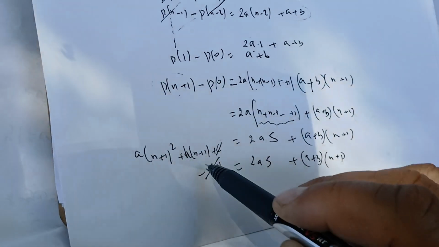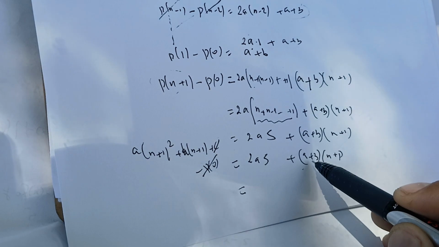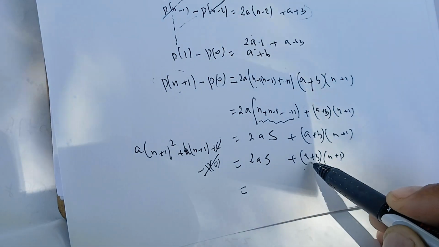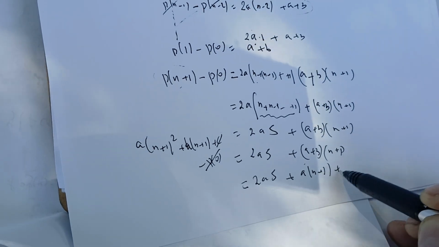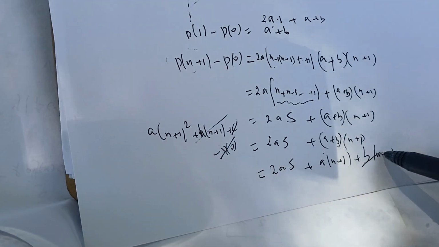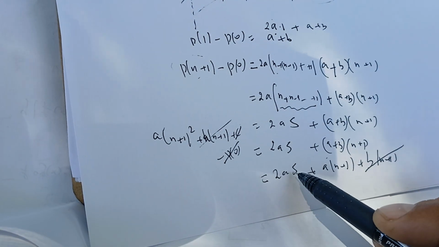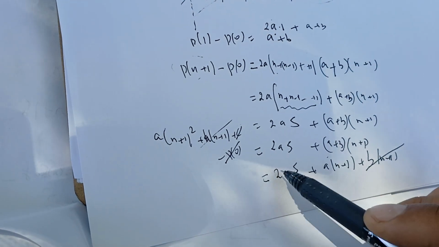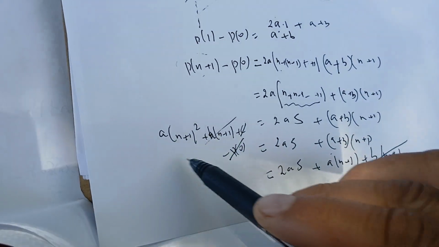And here we're going to see that we can factor this one, 2as plus a n plus 1 plus b n plus 1. So b n plus 1 is going to go with this one. The a n plus 1 will take it to the side.